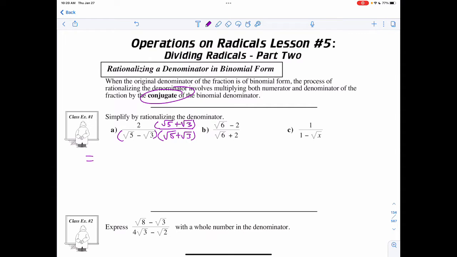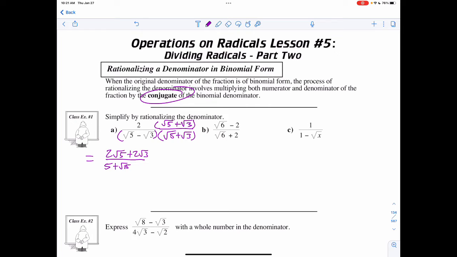This is going to give me, well, 2 times root 5 is 2 root 5. And 2 times root 3 is going to give me 2 root 3s. In the denominator, root 5 and root 5 makes 5. Root 5 times root 3 makes root 15.